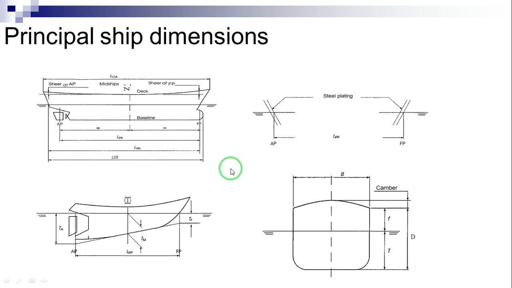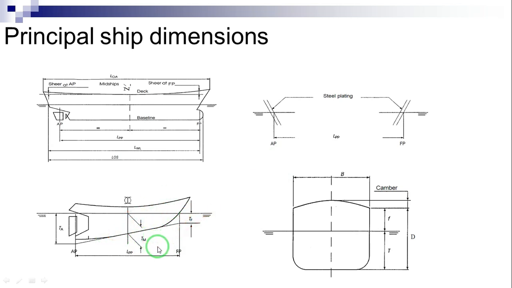How to measure the lengths between perpendiculars. Okay, this is an important subject. FP is a vertical line passing through the intersection of the design waterline with the ship bow. Here we can see the case of a keel not parallel to the load waterline or waterline.